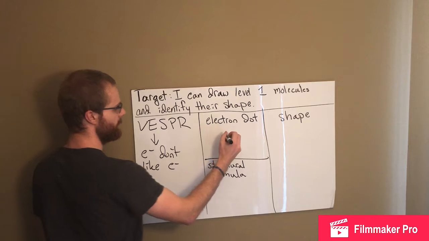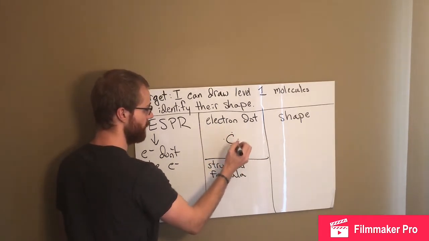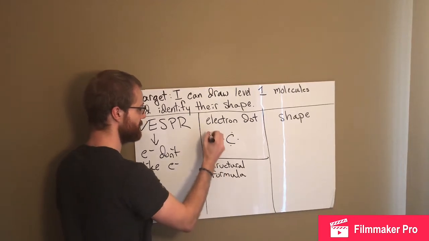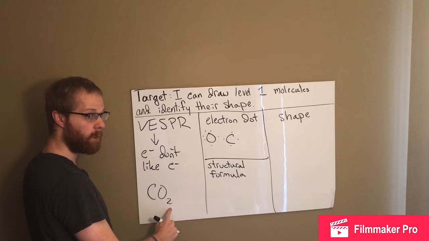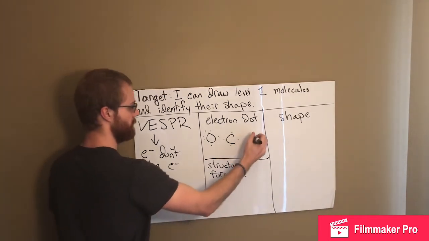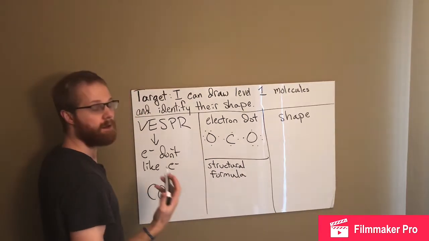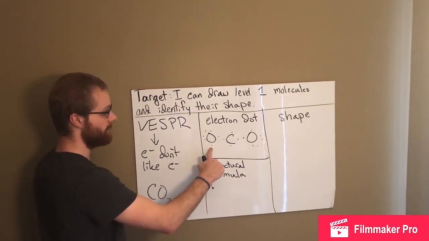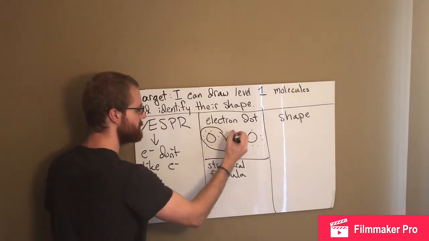With the electron dot method, we've got our valence electrons. Carbon has 1, 2, 3, 4 valence electrons, and oxygen has 6: 1, 2, 3, 4, 5, 6. And there are 2 oxygens: 1, 2, 3, 4, 5, 6. Cool. Okay, so since oxygen has 6 valence electrons, it needs 2 more. So it's going to share 2 of carbon's electrons.